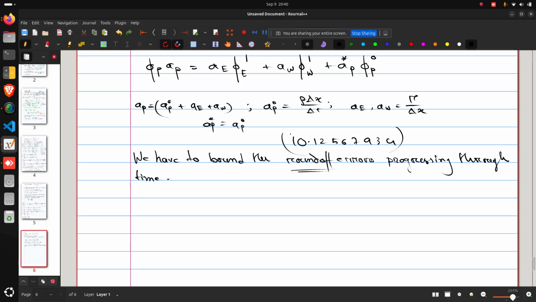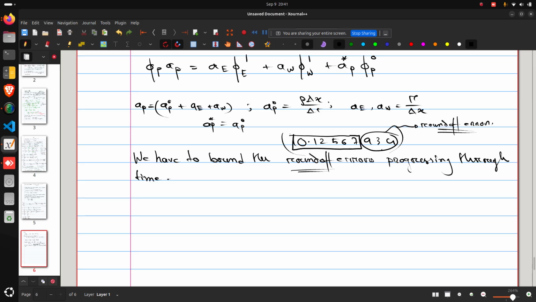So if you have a computer which cannot store a lot of digits, it will only truncate this number up to say this, right? And this is something called the round off error, right?